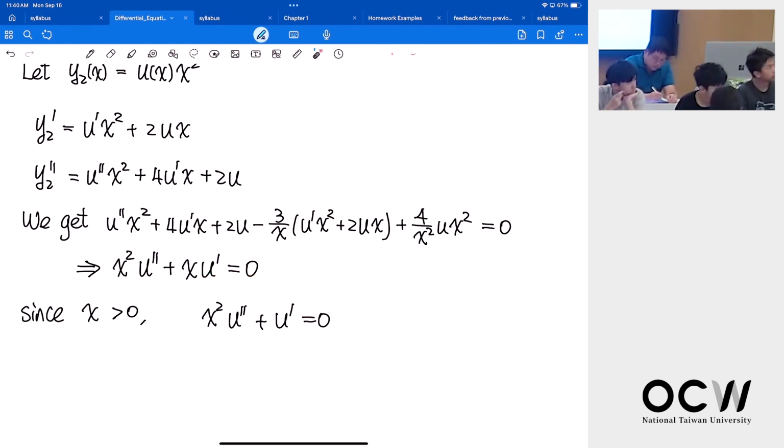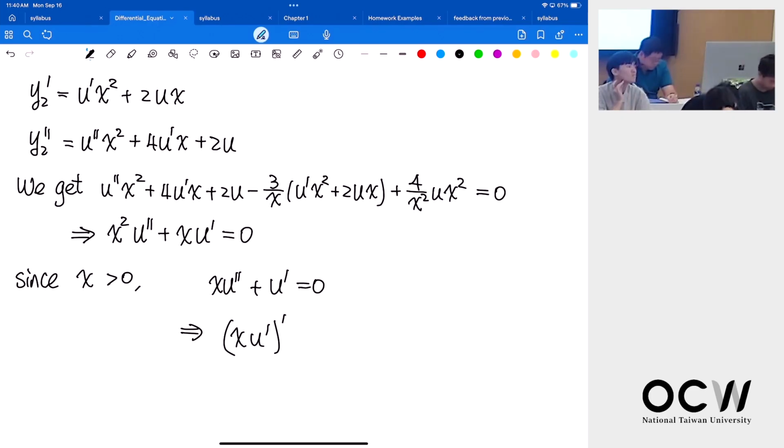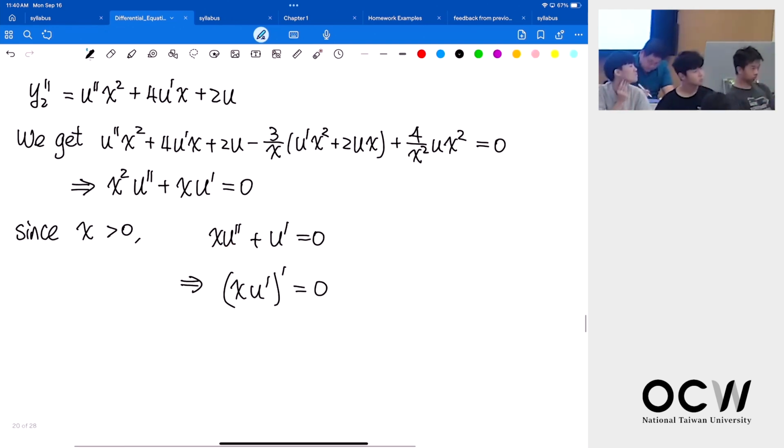Well, actually, since x is greater than 0, not 0, we can cancel one, divide by x. Then we have x u prime overall to take the derivative. So we have chain rule. That's why we have the first term and the second term. Then x u prime equals constant.